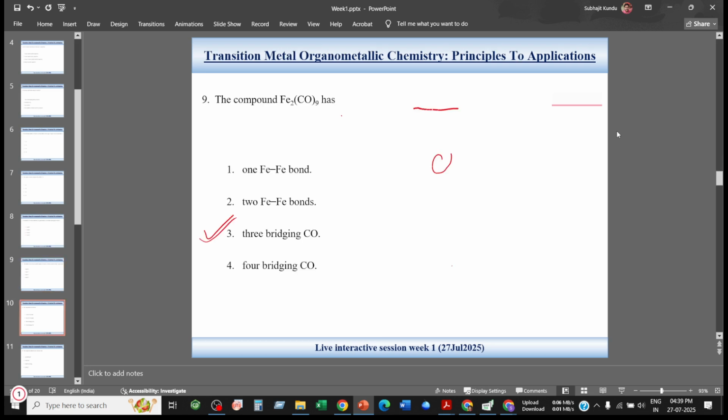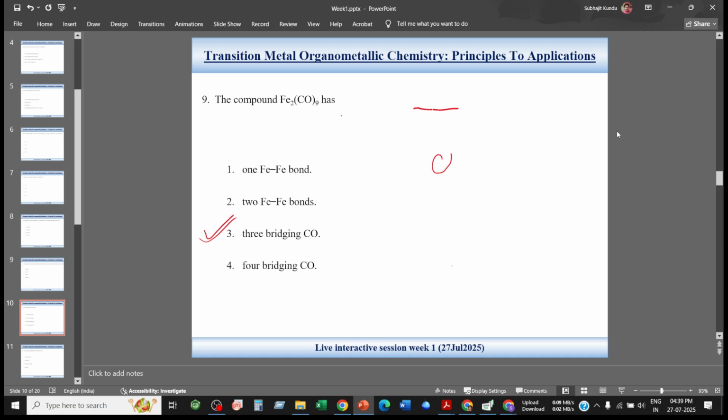The next question: the compound Fe2CO9 has 1 Fe-Fe bond, 2 Fe-Fe bonds, 3 bridging CO, or 4 bridging CO. For this type of question it is very difficult to predict if you don't know the structure.